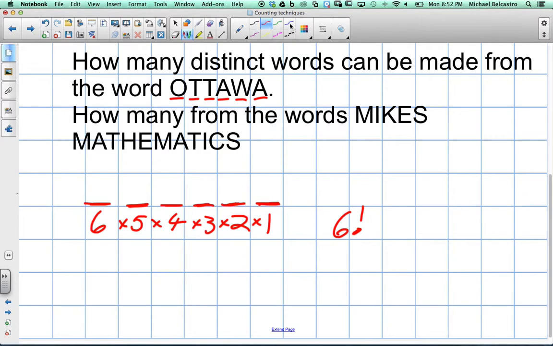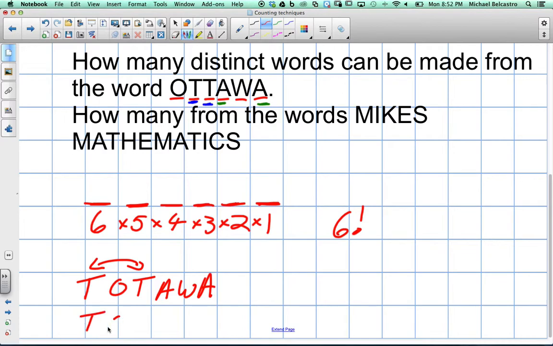The only problem is we have pairings, 2 T's and 2 A's, and we don't want to double count. What we mean by that is, think of it like this. Let's say we were starting with the letter T, then O, T, A, W, A. Well, let's say we reverse the order of these 2 T's.